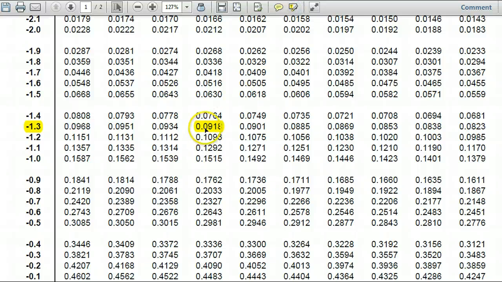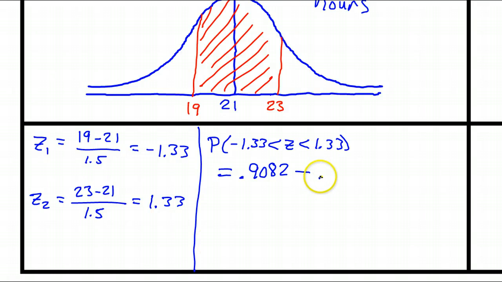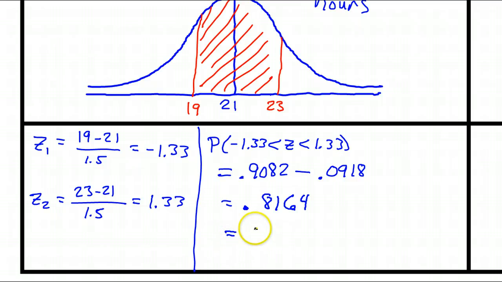So that's 0.0918. So if I subtract these two, that's going to give me the proportion between these two z values. Alright, it's the difference. So just put that in your calculator. So that'll be 0.8164, which as a percent would be 81.64%. Okay?